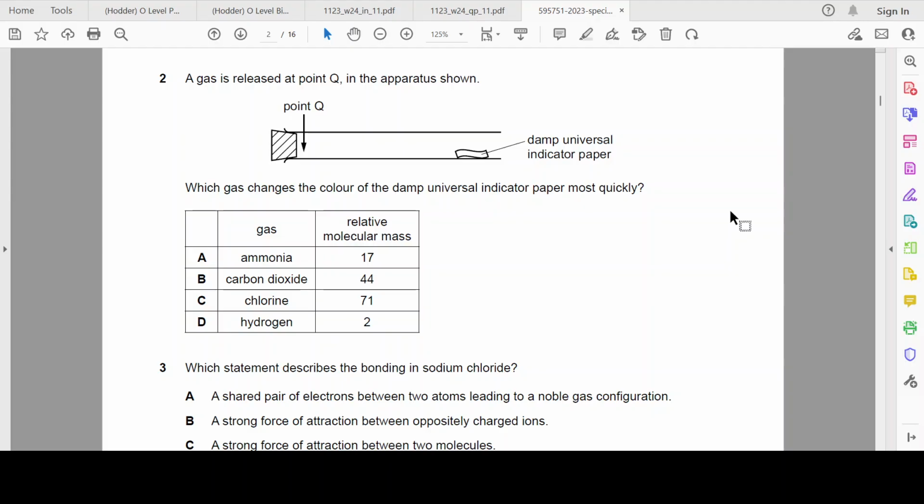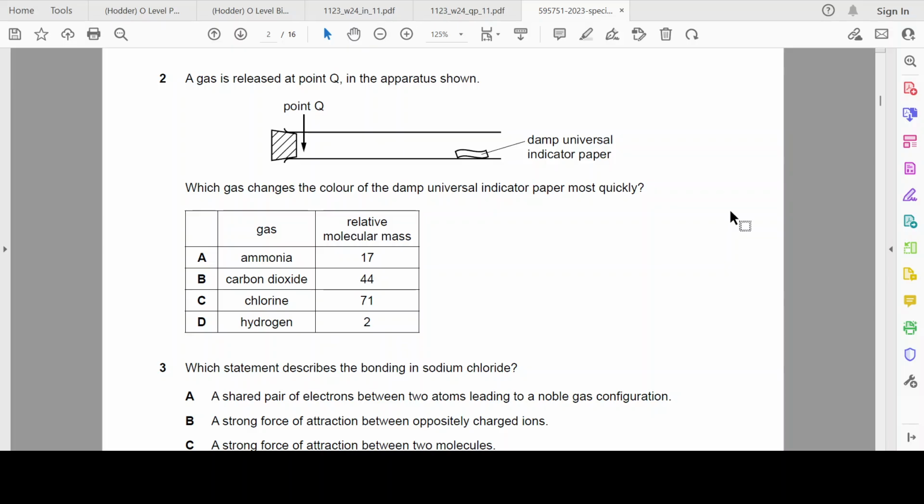Some of them. Okay, so which one, Sobia, would you not expect to give a color change? Hydrogen. Yes, and ammonia, no. Chlorine, no. Carbon dioxide. Well, obviously you eliminated your own responses.